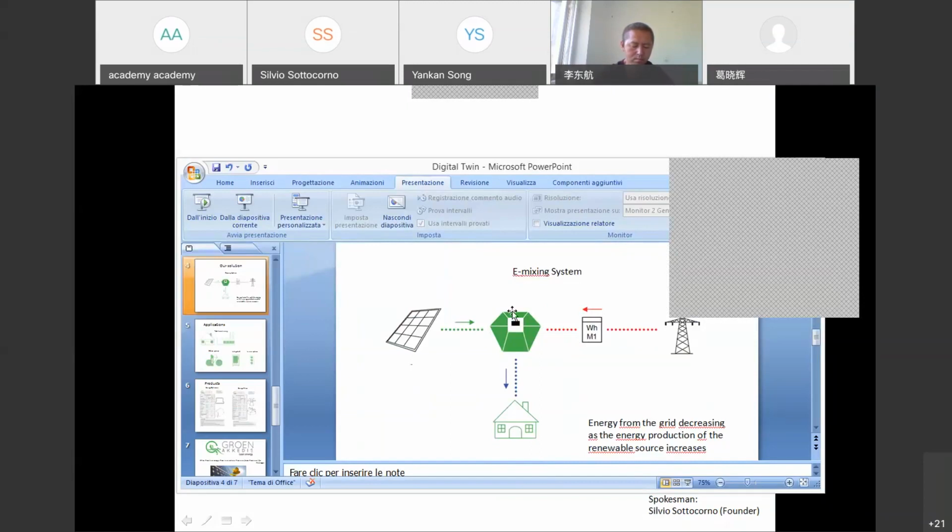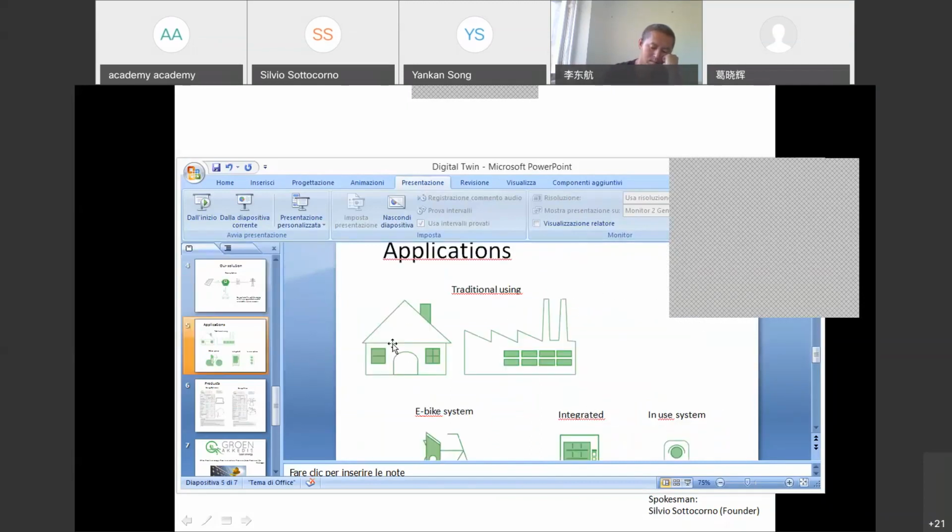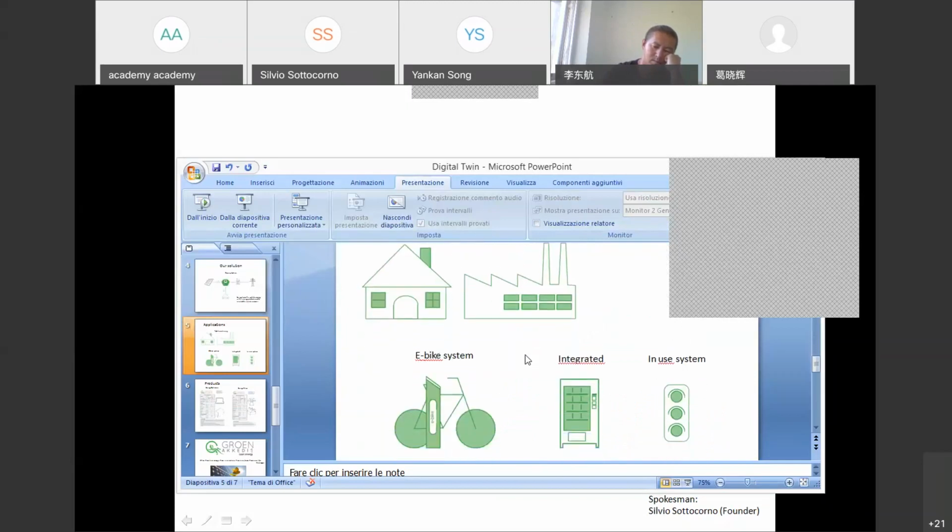We find this system in typical applications, like home systems or industrial systems, but it's very interesting to use it in applications like smart city. We can find a solution in e-bike charging, or integrate our system inside other outdoor user systems, in products that are already in our cities, like traffic management systems.